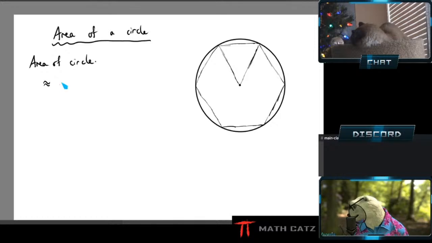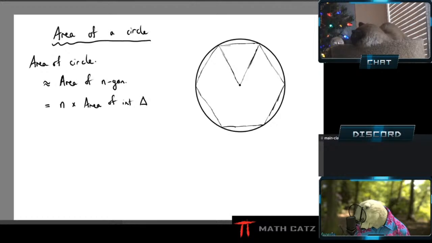So it's approximately the area of my n-gon, which I want to leave in general because I want to make n get bigger and bigger and bigger. So the area of the polygon is going to be n times the area of one of these interior triangles. Maybe upside down, maybe like that to match the one I chose.